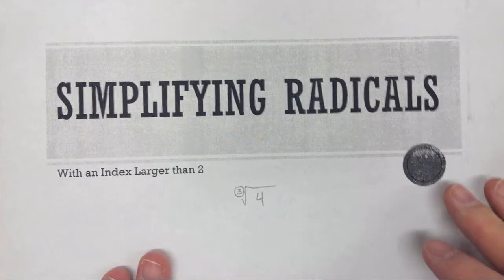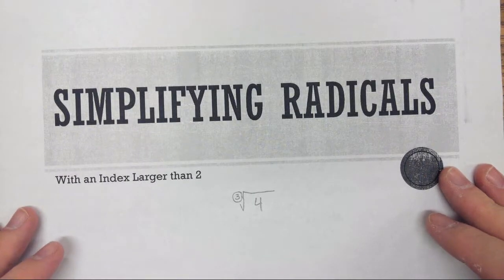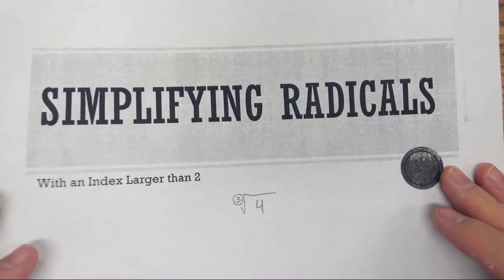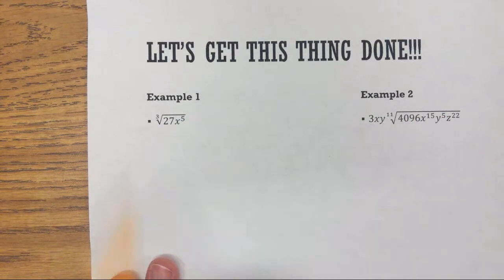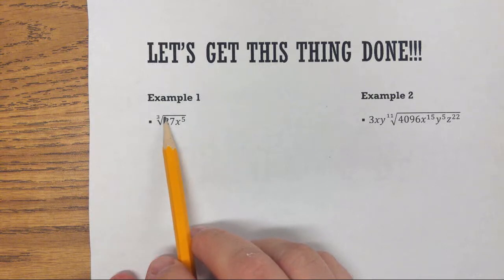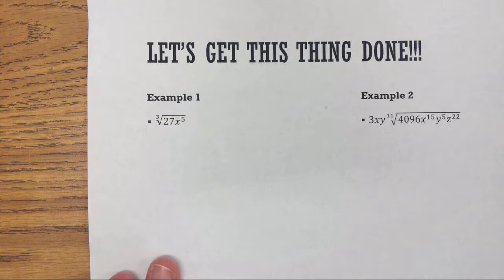That being said, and we already know how to simplify square roots, let's just do a couple examples and hopefully you'll get the idea. Example 1: the cubed root of 27x to the 5th.